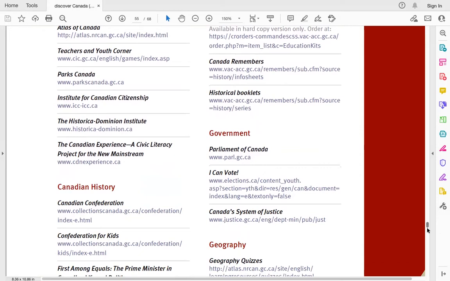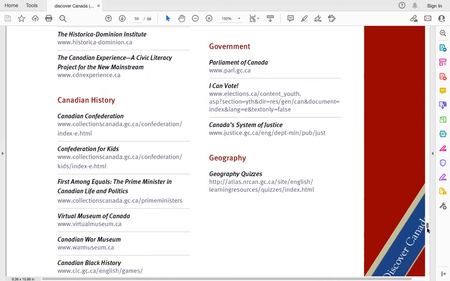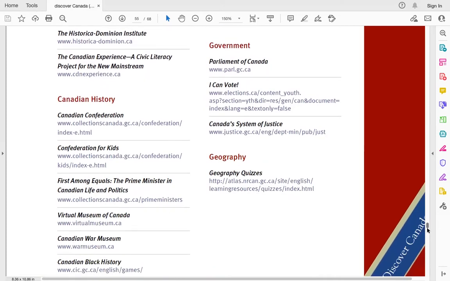Confederation for Kids, www.collectionscanada.gc.ca/kids-e.html. First Among Equals, the Prime Minister in Canadian Life and Politics, www.collectionscanada.gc.ca/Prime Ministers.